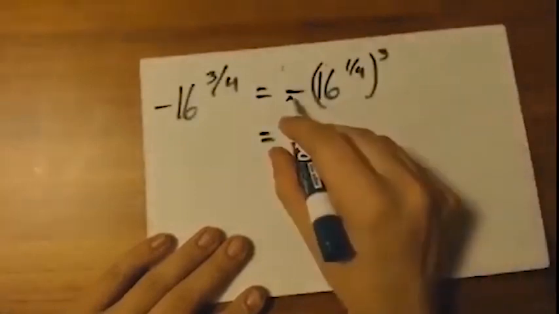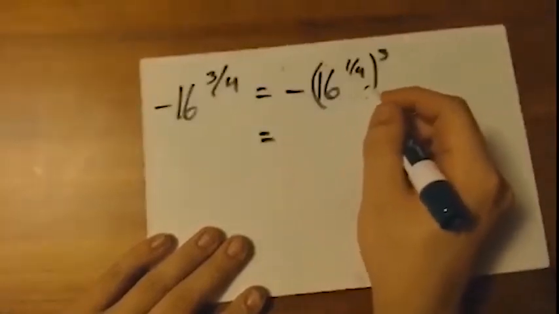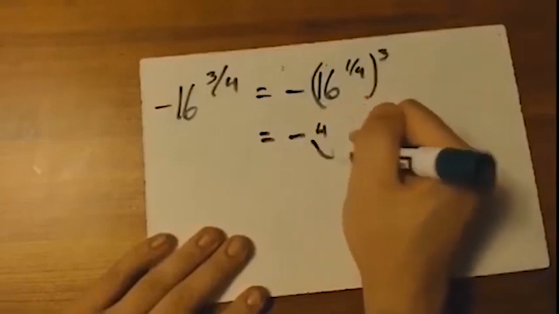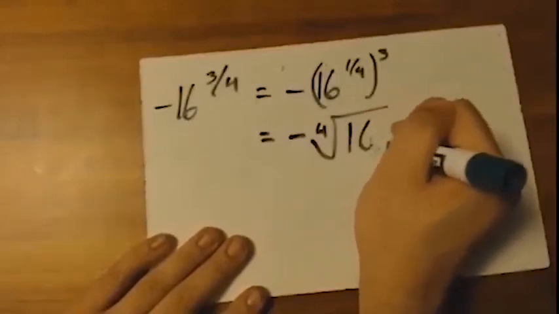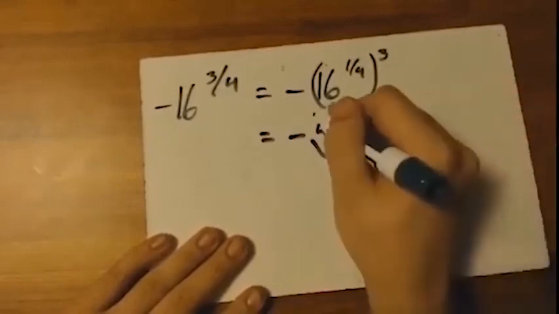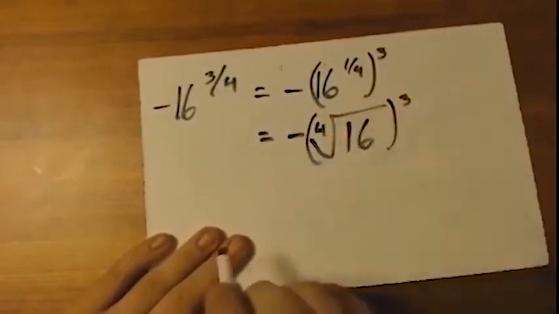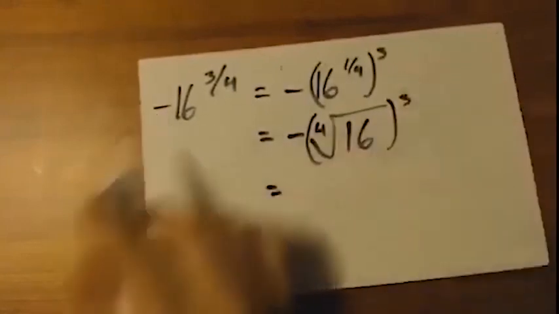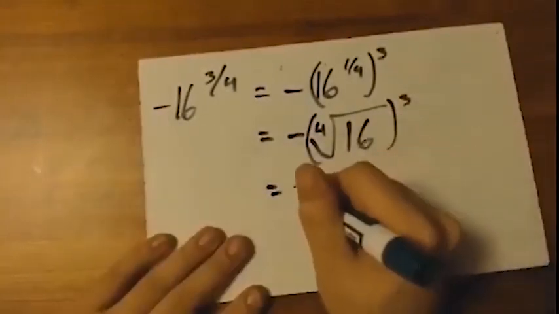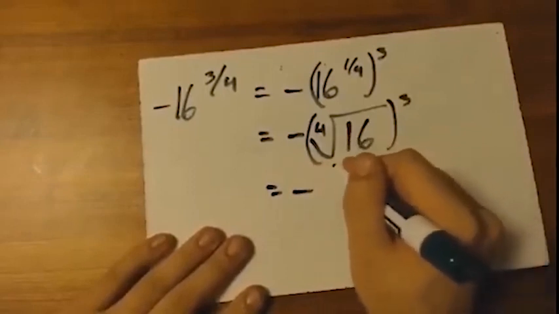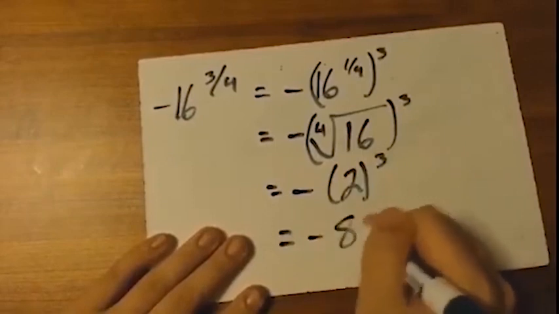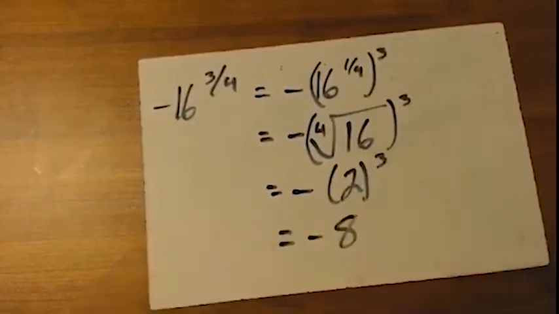So that would be negative on the outside, 16 to the 1/4 cubed, or negative 4th root of 16 cubed. Again, I put these parentheses in to keep the negative out of it. 4th root of 16 is 2. 2 cubed is 8, so our answer is negative 8.